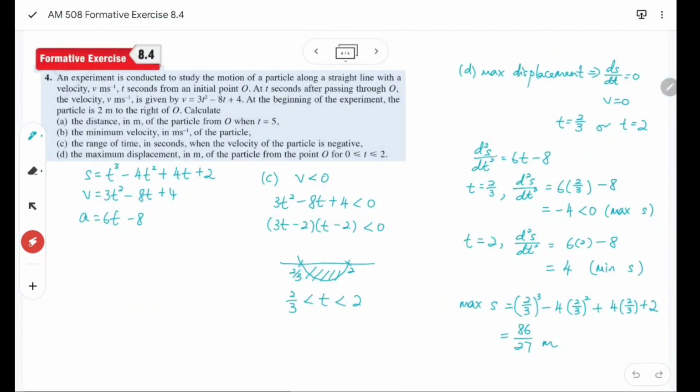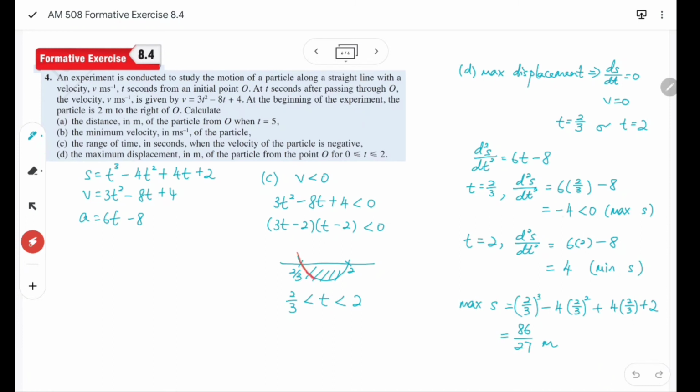C, the range of times in seconds when the velocity of the particle is negative. So when the velocity of the particle is negative, v less than 0, so 3t squared minus 8t plus 4 less than 0. By factorization, we get (3t minus 2) times (t minus 2) less than 0.